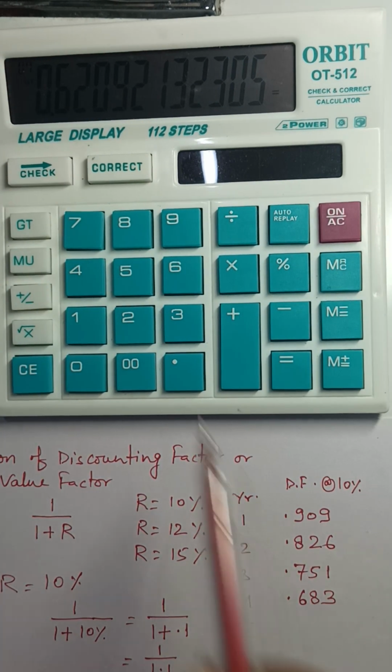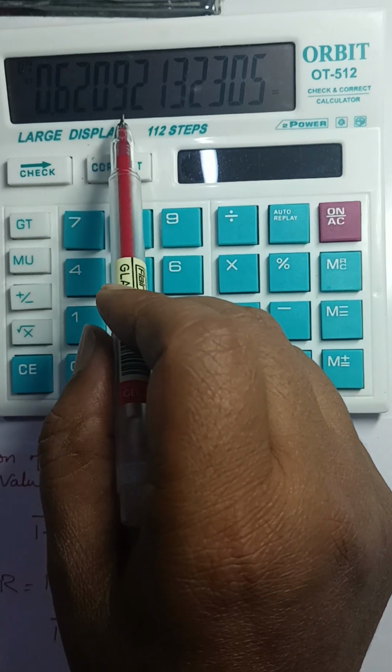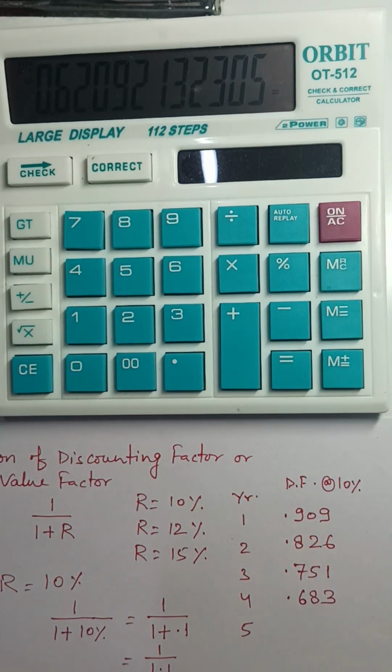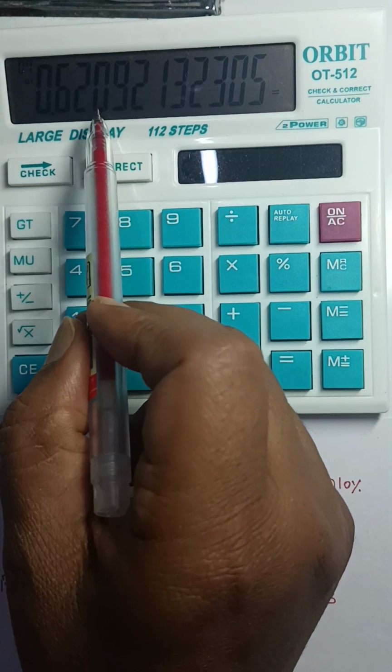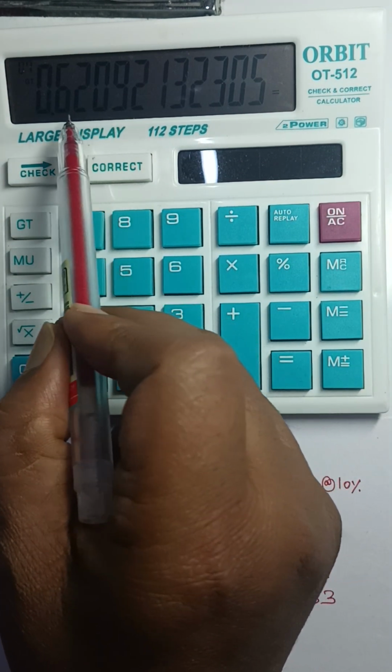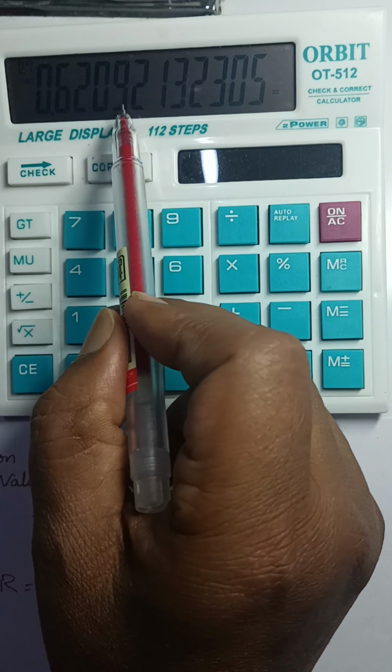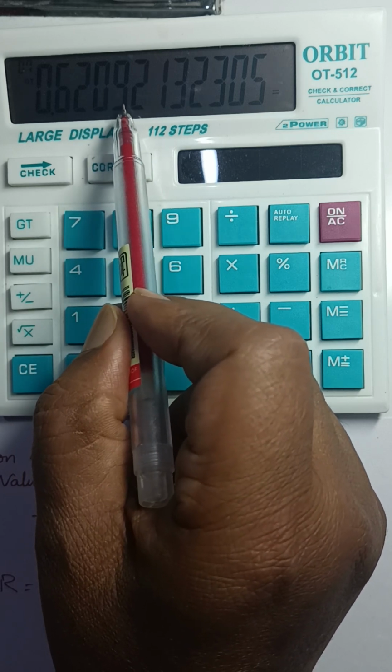And in the case of this fifth year, the fourth digit is 9. If the fourth digit is 5 or more than 5, then we will have to add 1 to the third digit. So here it is 0.620 and the fourth digit is 9, which is more than 5.